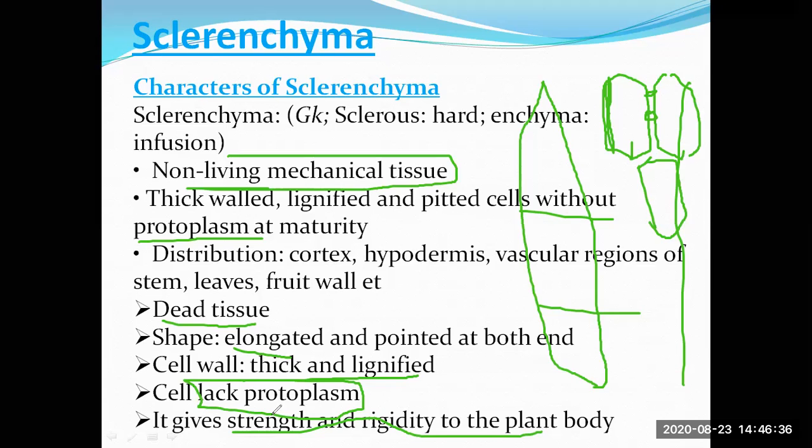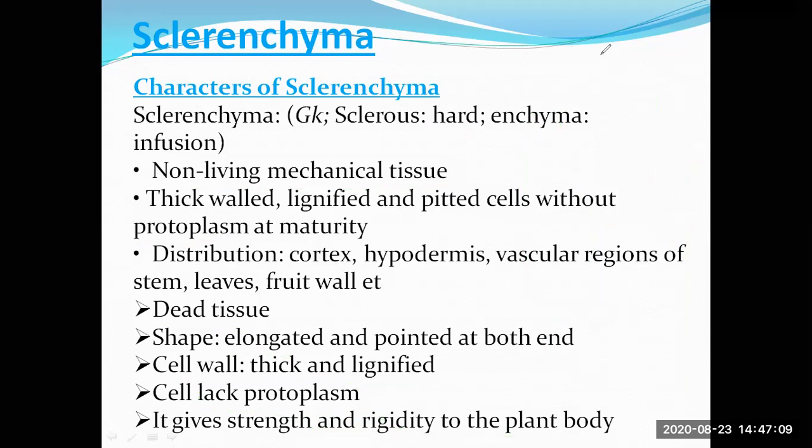Generally, sclerenchyma is distributed in the cortex or in the form of hypodermis, or we can also see it in the vascular region of stem or leaves, or in the fruit wall, or in the seed coat. Because it is a very hard material, it's a hard tissue. So this is about sclerenchyma.